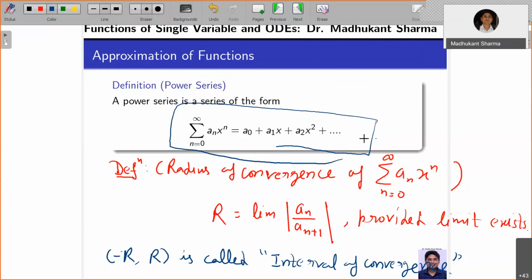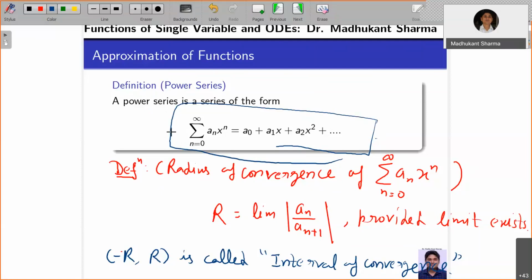Certainly, whenever you are talking about an infinite series, this is a special part of infinite series. So certainly we need to worry about its convergence, and you know that convergence entirely depends on the partial sum.